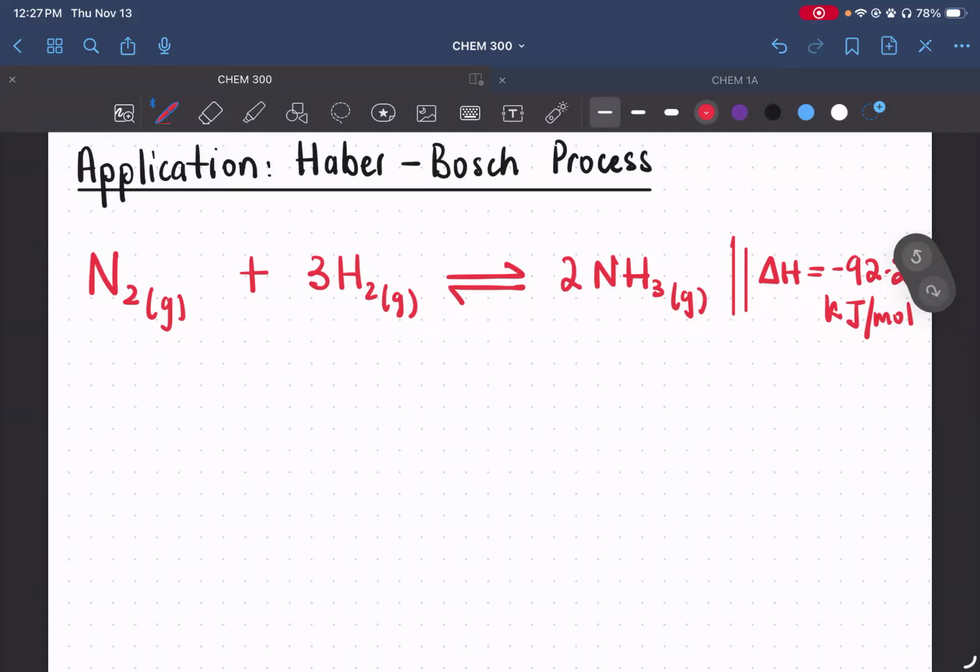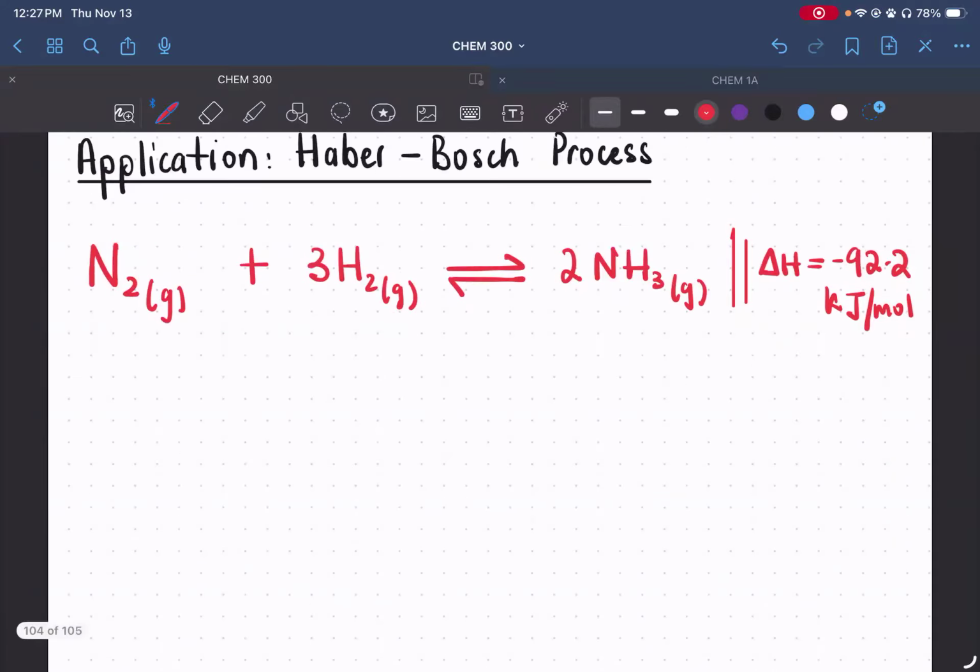This represents one of the most fundamental reactions in all of industry where chemical synthesis is involved. And its simplicity is what makes it so efficient. Here's how we would use Le Chatelier's principle to maximize efficiency.